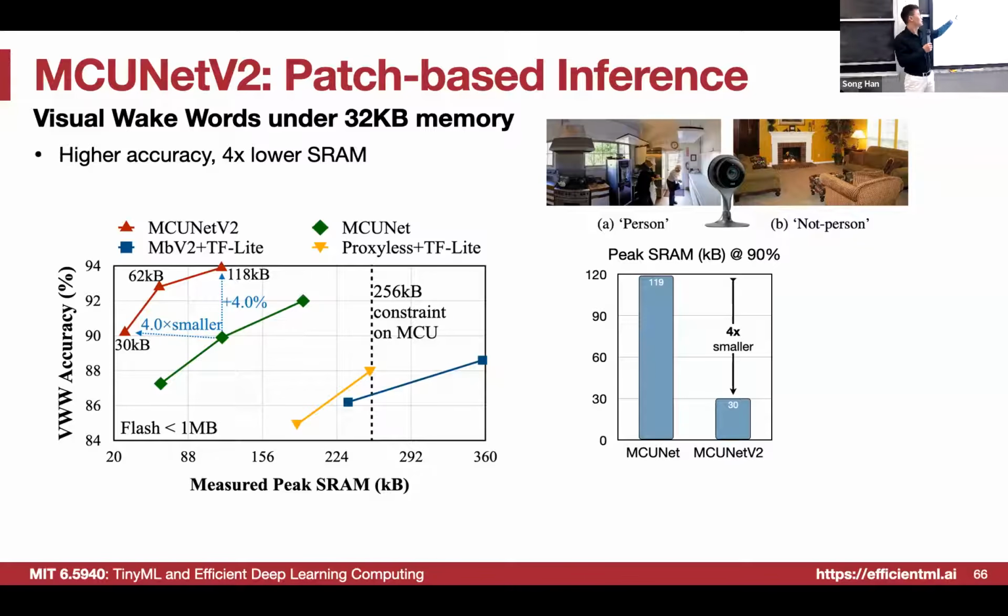Or if you have 62 kilobytes, you can reach 93% accuracy detecting person versus no person. You can try to spot whether there's someone in the room for safety. And from MCUNet to MCUNet v2, by using this kind of patch-based inference approach, we can make the memory 4x smaller. From this point to this point, previously it was 120 kilobytes, now it's only 30 kilobytes.